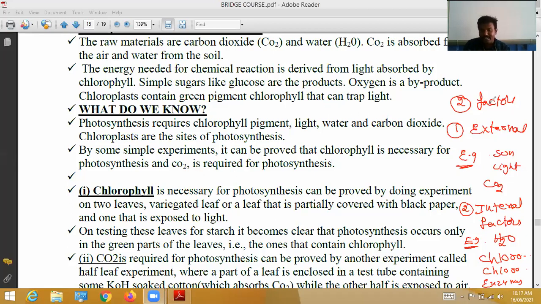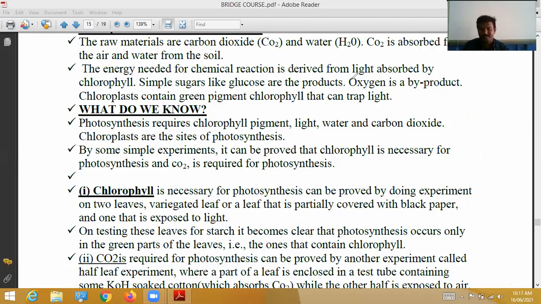If any factor, either external or internal, decreases or increases, that condition affects photosynthesis. The rate of photosynthesis would be affected.